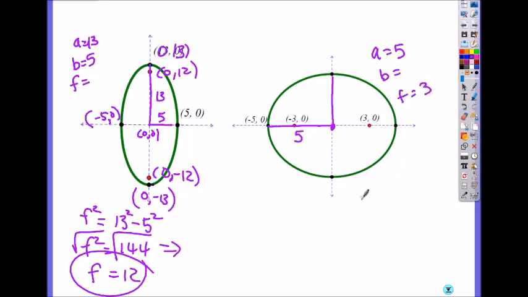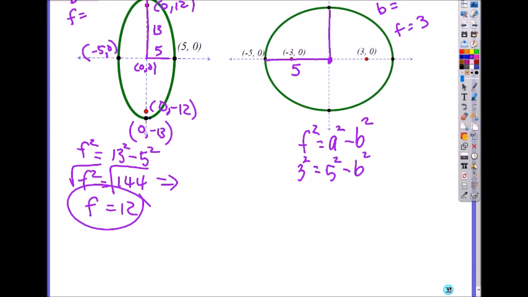So this time you're looking for B. You should already know. What is it? 3, what? 5, 4. But let's double check. So F squared equals, again, A squared minus B squared. So 3 squared equals 5 squared minus B squared.